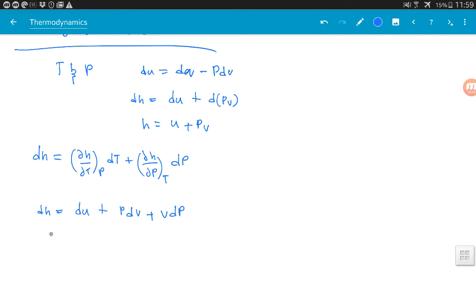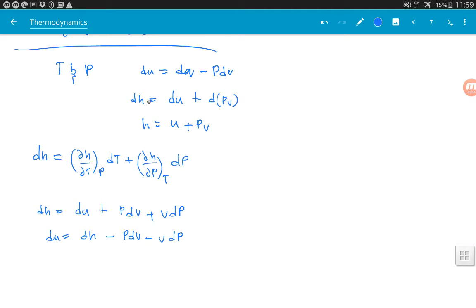So dU will be equivalent to dH minus P dV minus V dP.